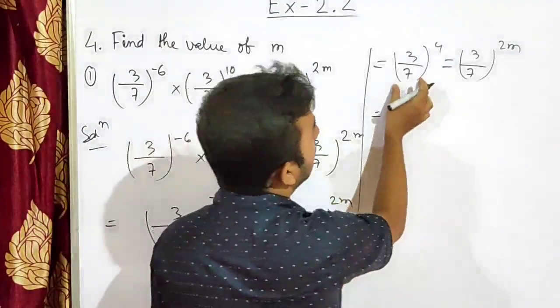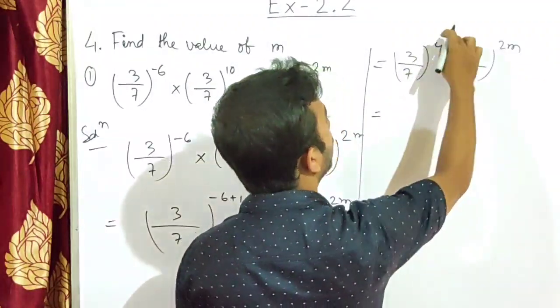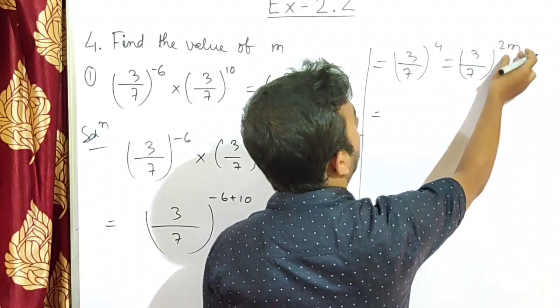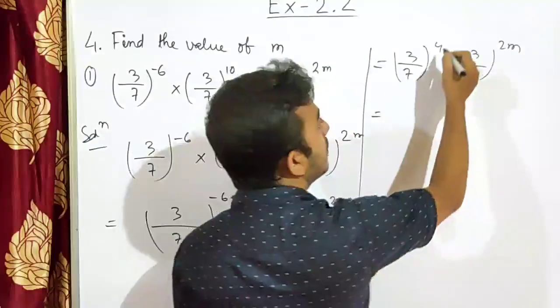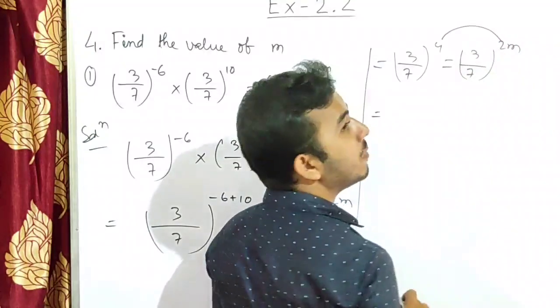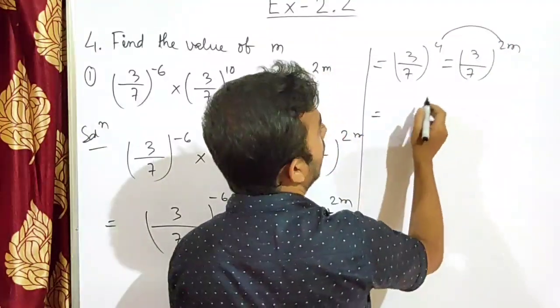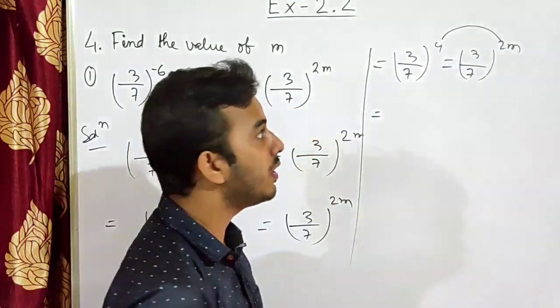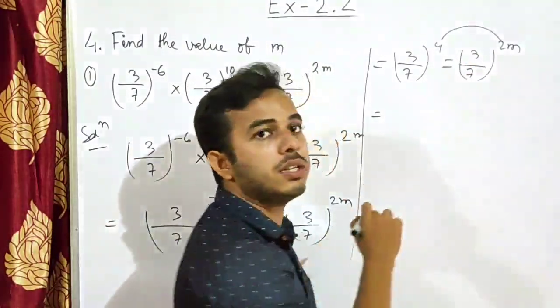Because look here, 3 by 7 to the power 4 equals 3 by 7 to the power 2m. That means these two terms will be the same, isn't it? Why the same? Because if both of them were different, then there wouldn't have been an equal sign, isn't it?